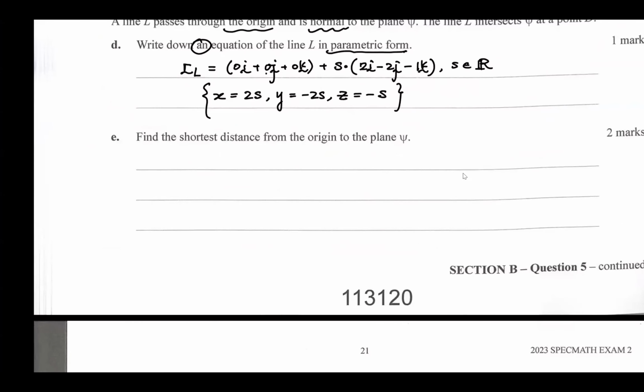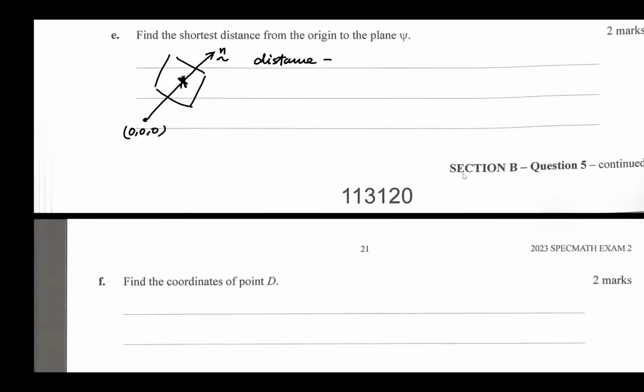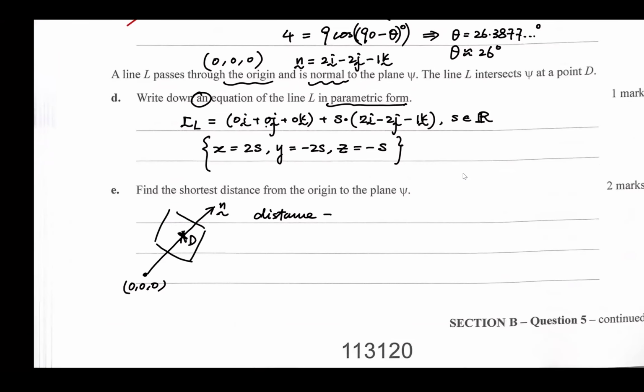And find the shortest distance from the origin to the plane phi. So basically, if I'm talking about from the origin to the plane, I could just apply a formula. Let's say distance from origin, actually it's intersecting D here, OD.